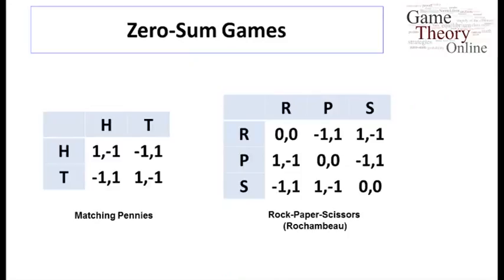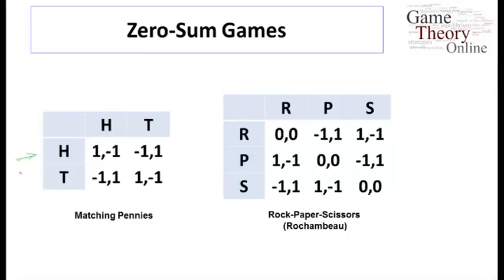Okay, another class of games, zero-sum games, are ones where players are in pure competition. Here are two of the most basic examples of zero-sum games. So zero-sum is the situation where the sum of the payoffs to the two players is always equal to 0. And here, for instance, matching pennies, this is a situation where players are choosing either heads or tails.